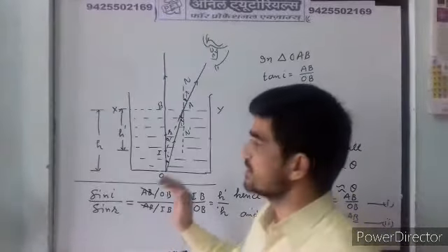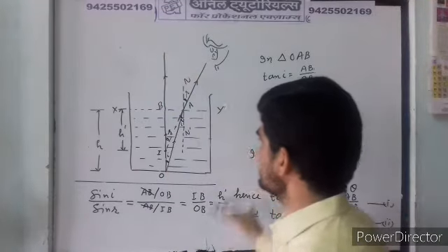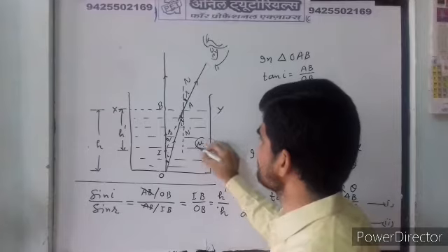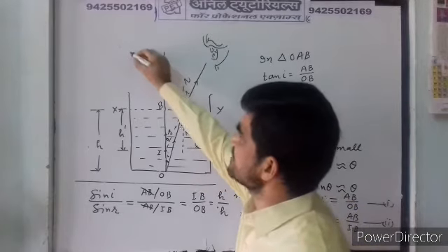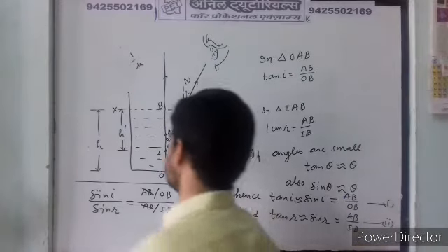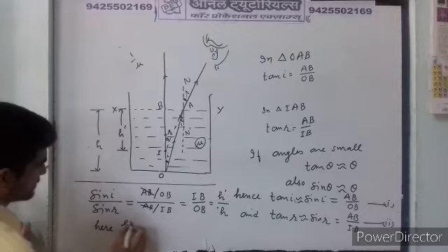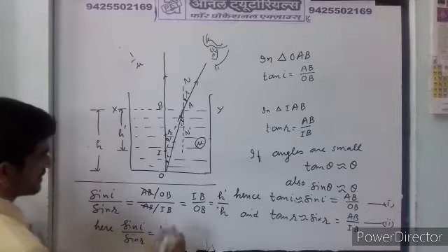So here the second medium is air. If you consider the refractive index of this medium is mu, then the refractive index of air with respect to water will be 1 by mu. So here we have sin I upon sin R is equal to 1 by mu.